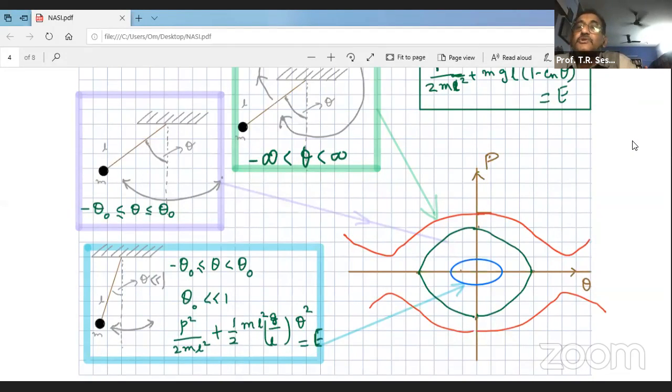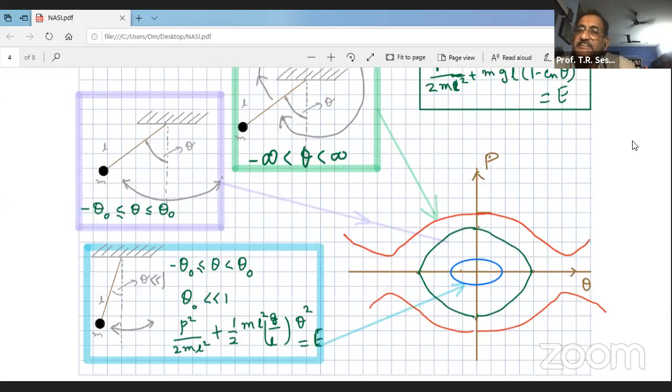Akshita Goyal has asked, does the red curve suggest a circular motion, since theta is only increasing in one direction? You have absolutely got it correct. It means the pendulum is undergoing a circular motion. If a particle is going round and round, theta is always increasing monotonically.